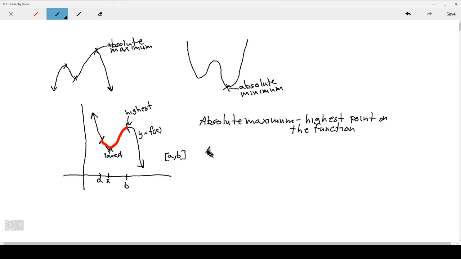An absolute minimum is the lowest point on the function.